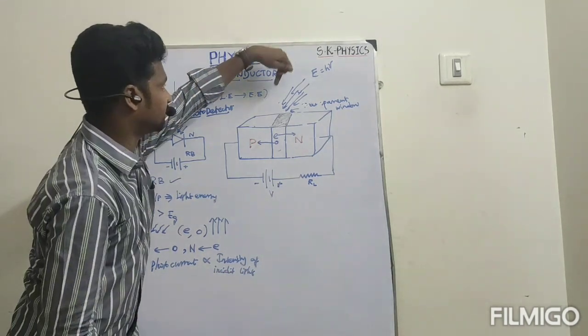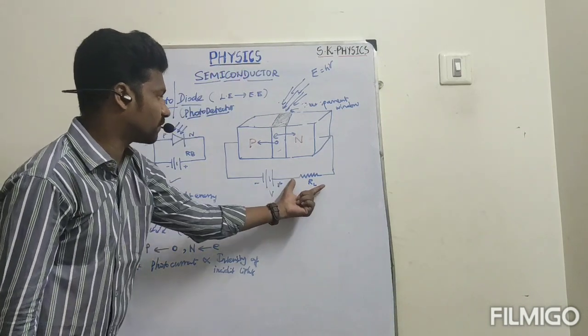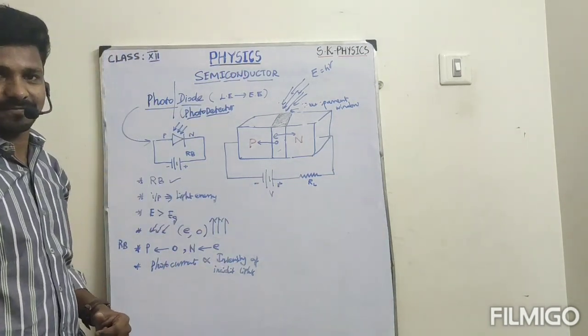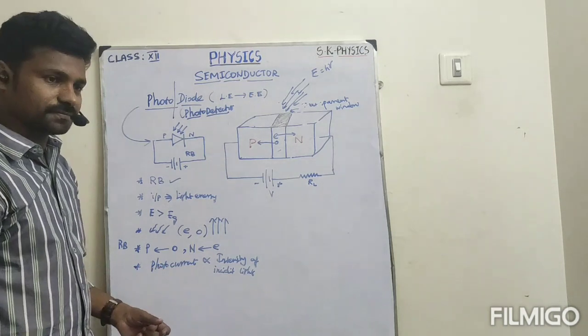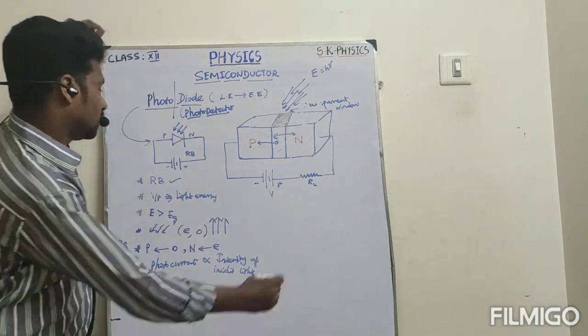When the intensity of incident light is increasing, the photo current is increasing.